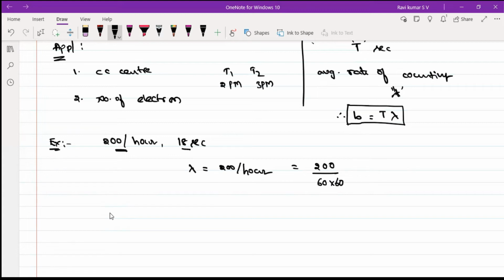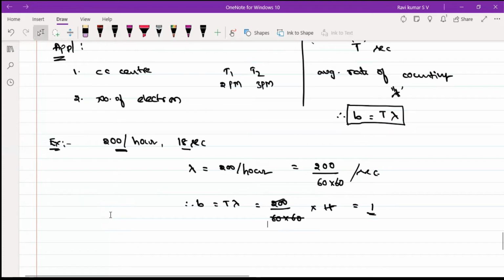This is in terms of seconds, number of calls per second. Then the given value of time is 18 seconds, so the constant b is equal to t into lambda. Substituting the values, 200 by 60 into 60 into 18, what do you get? Totally 1. So the b value is given as 1.